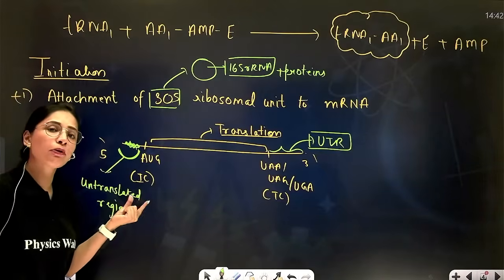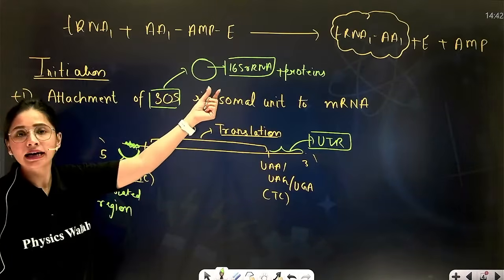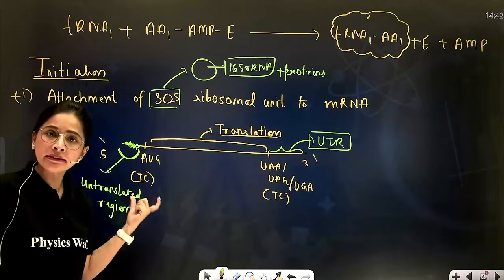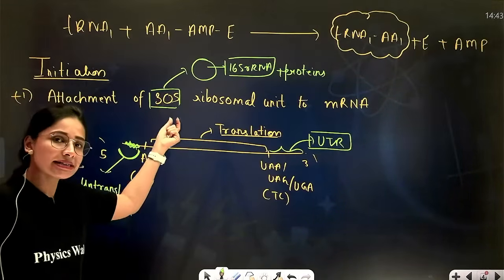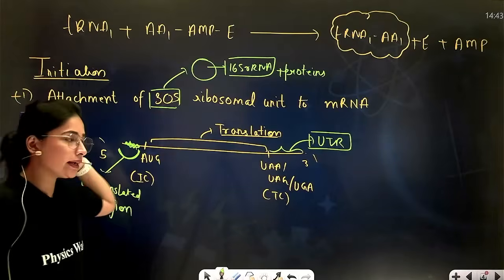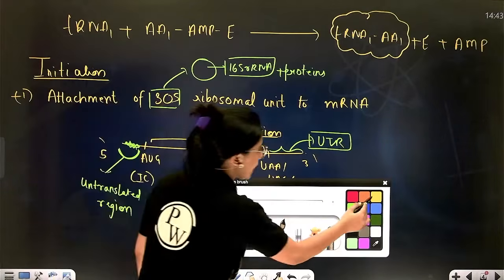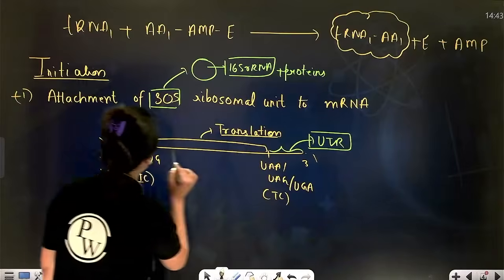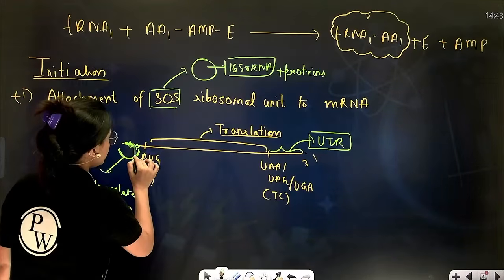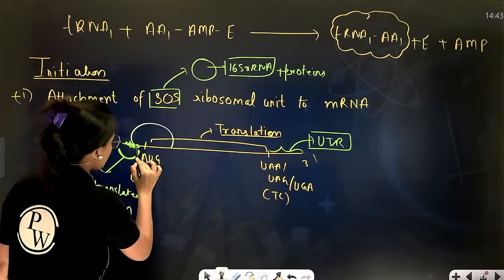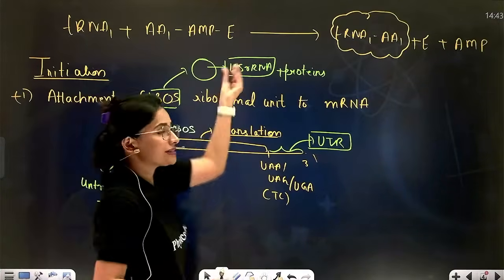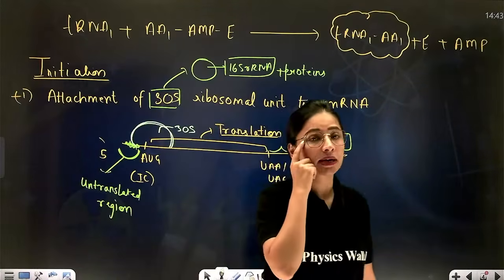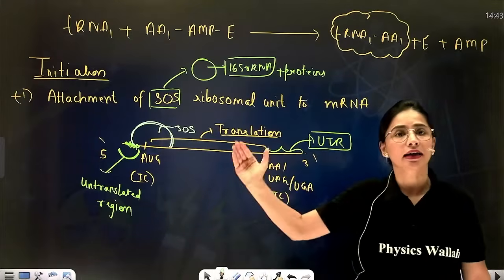So with the help of the 16S rRNA, the 30S ribosomal unit attaches to the right position.